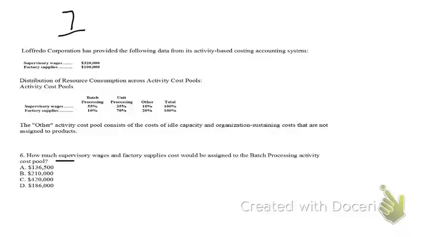The question is how much of the supervisory wages would be assigned to batch processing? We take the $320,000 of supervisory wages and multiply it times 0.55, which is the percentage for batch processing.